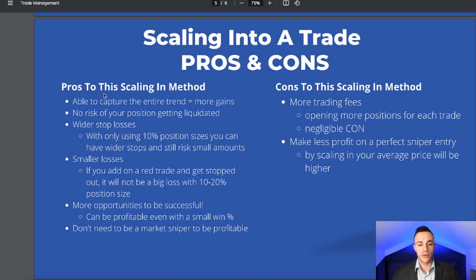Another one: there's no risk of your position getting liquidated. Like we said, even if you just go in 10% and it goes all the way to zero, you wouldn't get liquidated. But again, if you do scale into a losing trade, meaning one option you have when your trade goes red is to scale in once only, then you use a stop loss and you still don't have any risk of liquidation. Okay, so like I said, wider stop losses. With only using 10% position sizes, you can have wider stops and still risk small amounts.